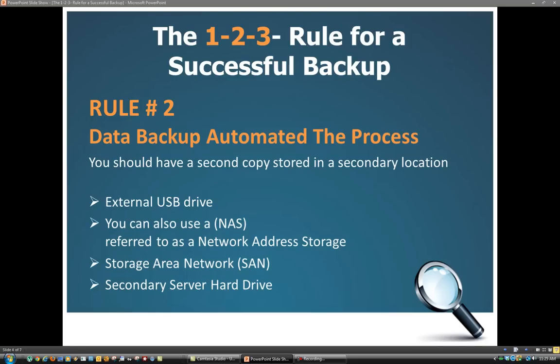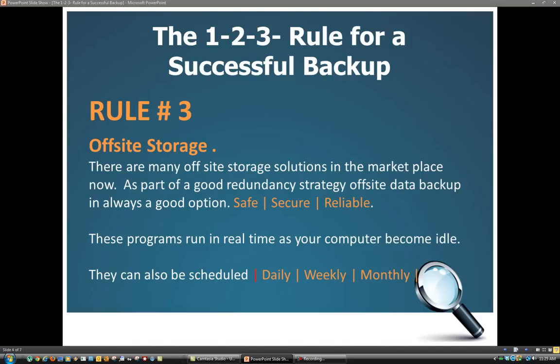So what we want to do now is use rule number 3 and back up our data off-site. The reason that we want to take our data off-site is in the event of a hardware failure, hard drive failure, network failure, loss of equipment, data corruption, or viruses. So, rule number 3 dictates that off-site storage is a great solution.